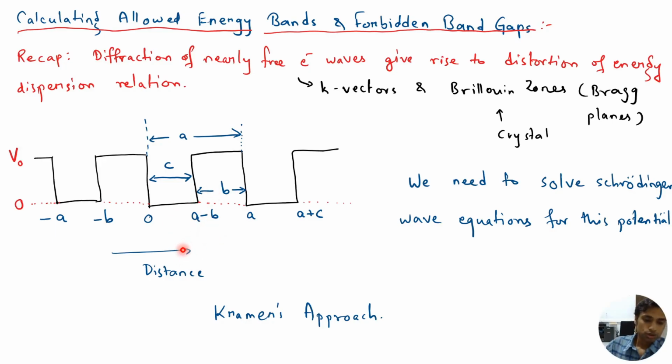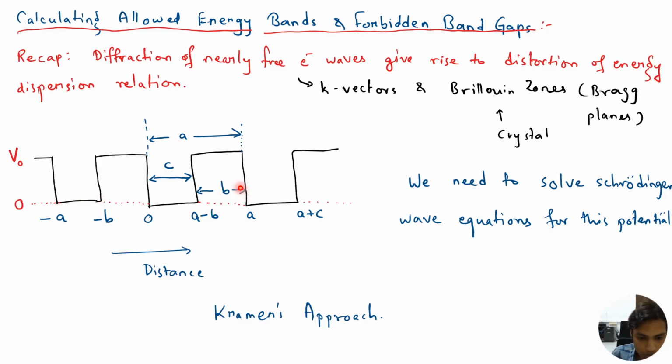So let's say you have a periodic potential with periodicity a. This is your one periodicity, and the well is of width c, and from here to here it is b. If you take this as the origin, this will be a minus b, this will be a, this is a plus c, and here it is minus b minus a.